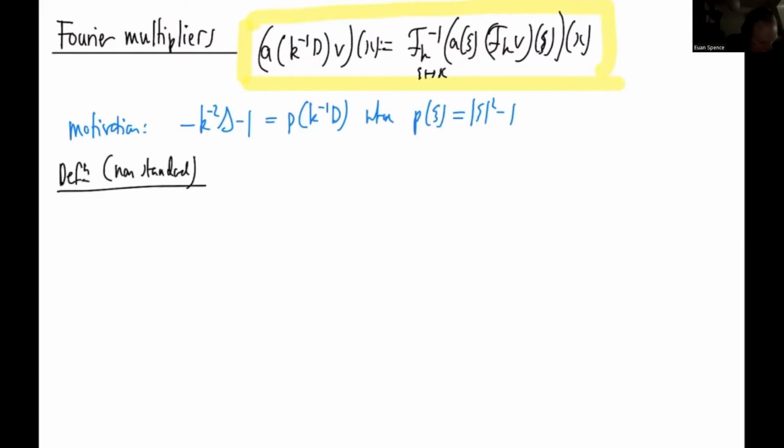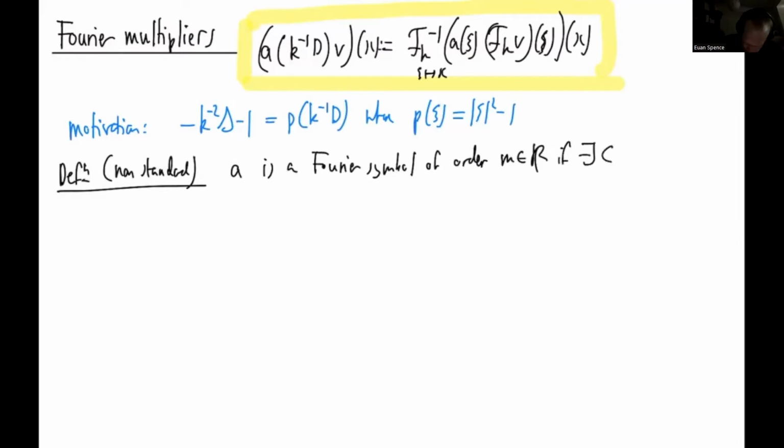Definition: we're going to say a is a Fourier symbol of order m, a real number, if there exists a constant C such that the absolute value of a of psi is less than or equal to C times the angular bracket of the Fourier variable psi to the m, for all psi.